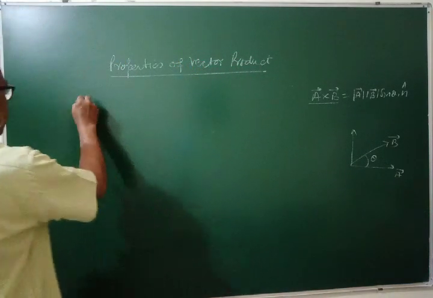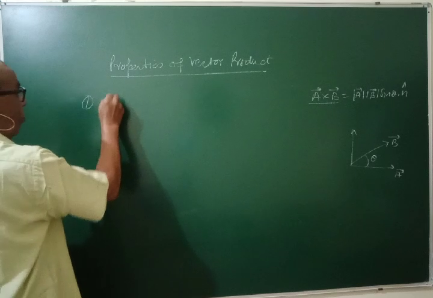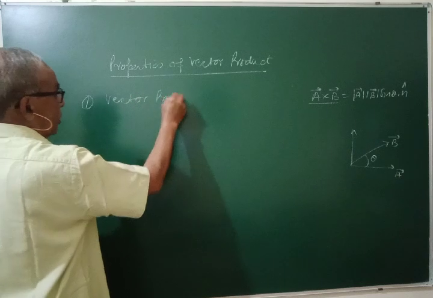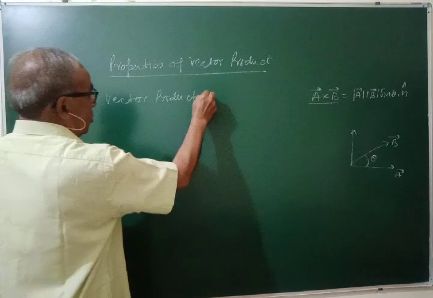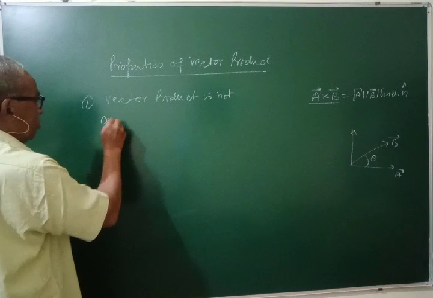So first property, that is vector product is not commutative.